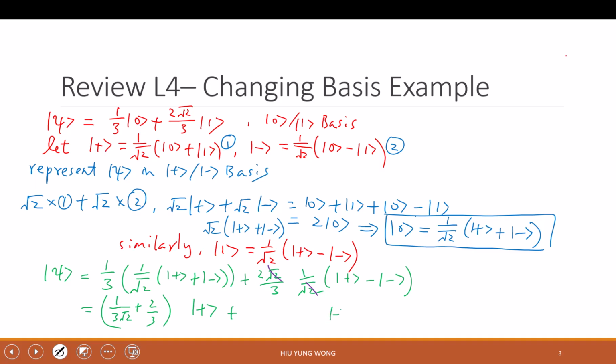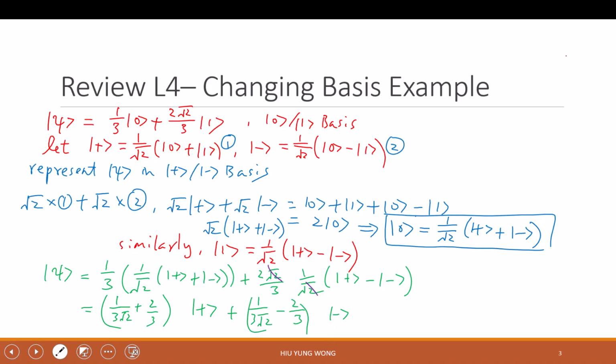What is the coefficient for minus? 1 over 3 square root 2 minus 2/3, because they are exactly the same. When I group plus and minus, the only difference is this is plus, this is minus. So I have 1/3 over square root 2, and then minus 2/3 for minus.